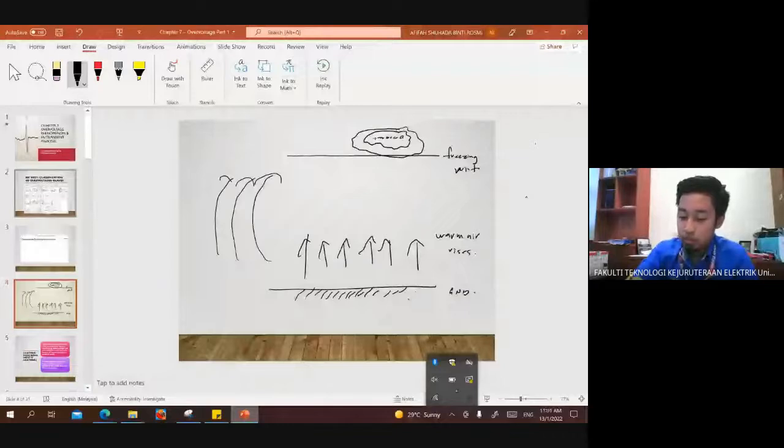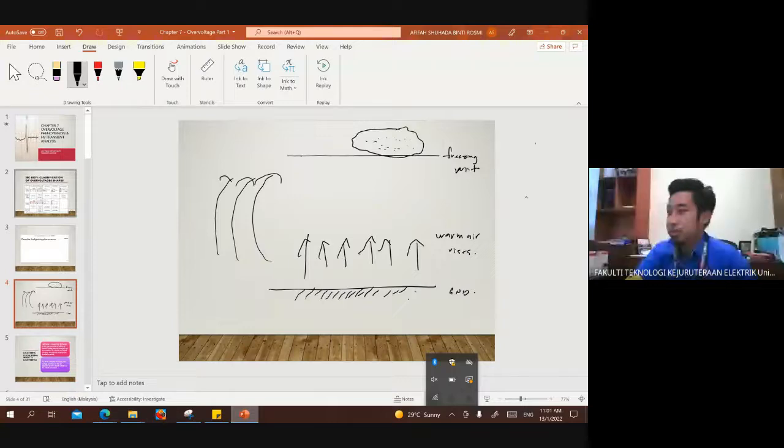Okay, so the ice in the cloud will bump each other. So what happened, if you remember the experiment you did during your school?